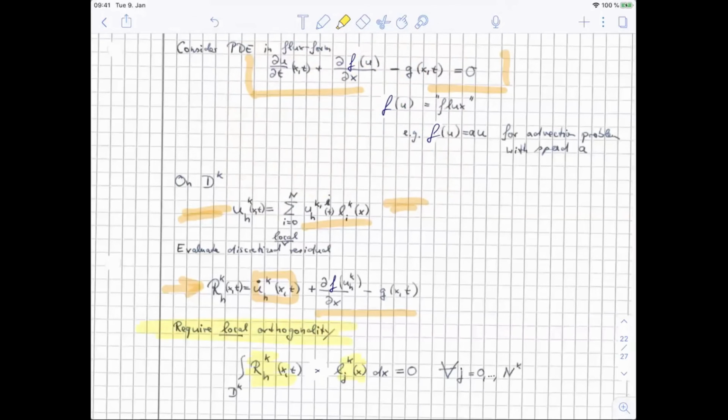So if we integrate the residual over a certain element, the residual times the basis function, then we want to have 0, and this should be true for every basis function on this element. And that gives a set of equations that is as big as the number of degrees of freedom we have.